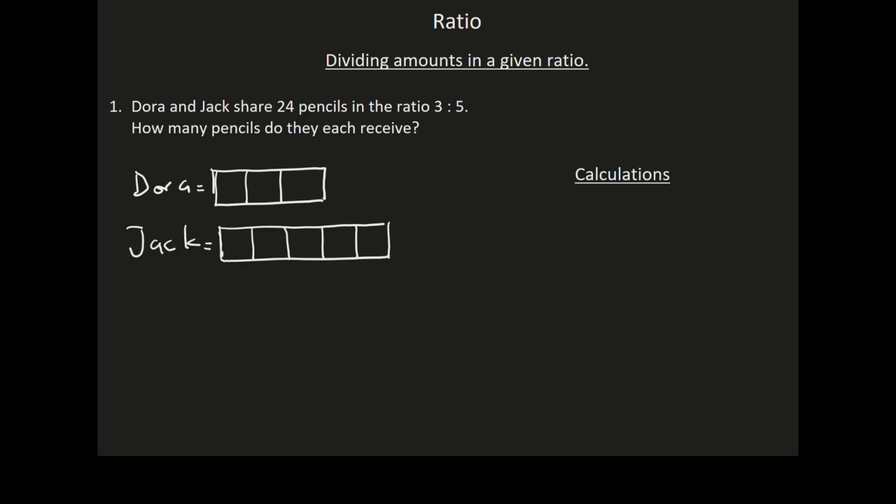So your bar model should have equal parts. In total, Jack and Dora are sharing 24 pencils.